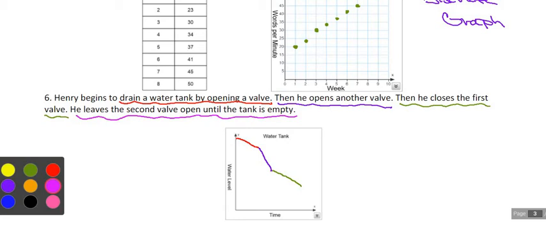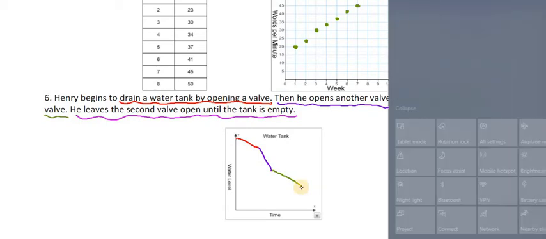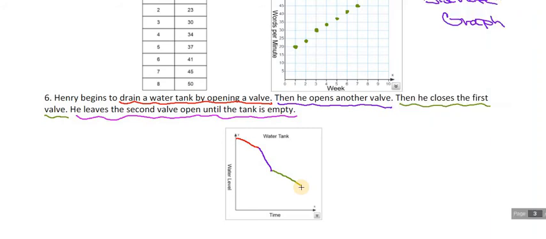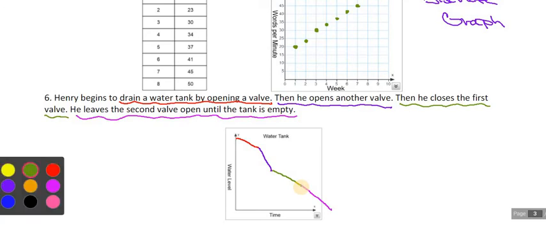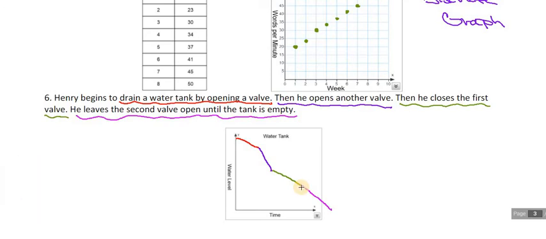So because he closed the first valve and he leaves that open, we're going to just continue that line at the same rate until we meet that x-axis, which would mean that the water level is now at 0, empty.